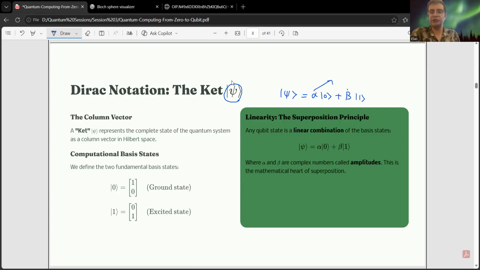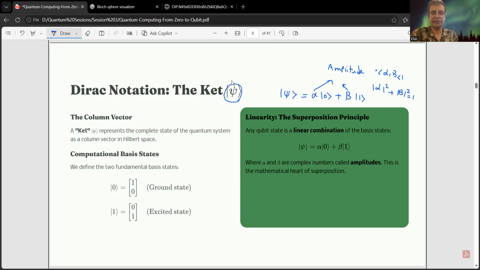And alpha and beta here are the amplitudes. They can be a number between 0 and 1. But there is also one condition to have in mind, and that is alpha squared plus beta squared should be equal to 1.